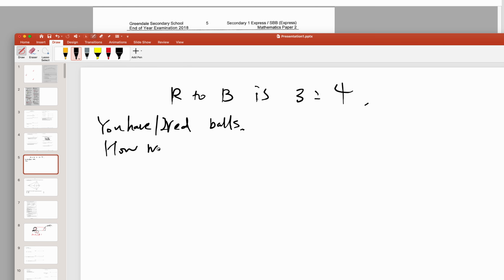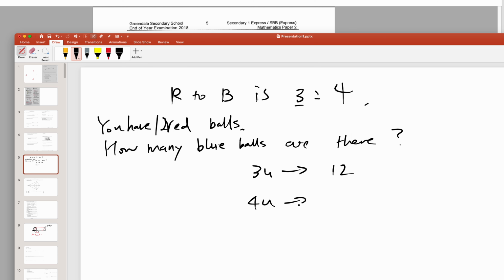So how many blue balls are there? A lot of students say, hey, this is 3, so 3U is 12. Actually it's an arrow. So for 1U, how much is it? Of course, before your 4U, you write down U is how much first. So therefore 4U is 16. It's an arrow.